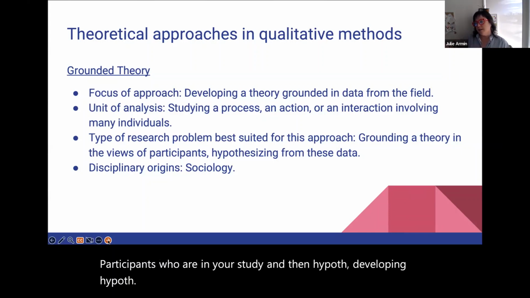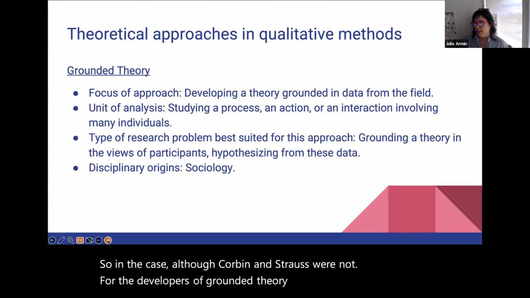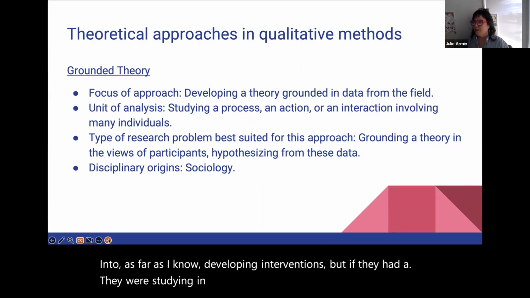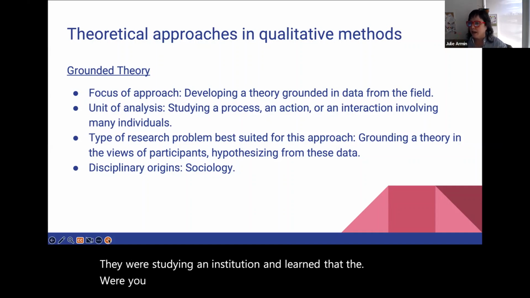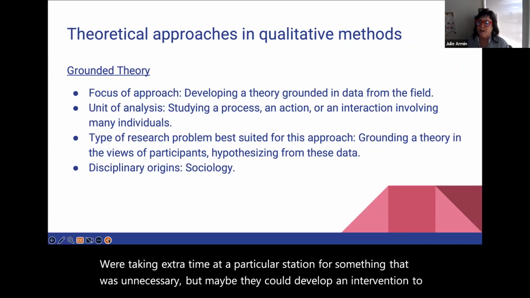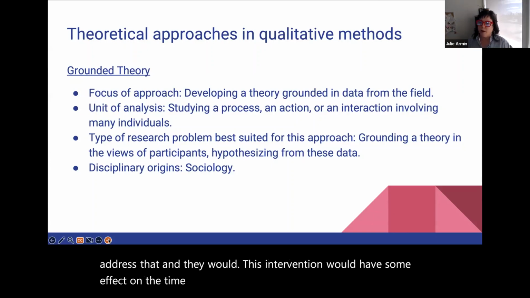Although Corbin and Strauss, who are the developers of grounded theory, were not, as far as I know, into developing interventions, if they had, they were studying an institution and learned that the nurses in the hospital were taking extra time at a particular station for something that was unnecessary, then maybe they could develop an intervention to address that. And they would hypothesize this intervention would have some effect on the time taken to do whatever process it is.